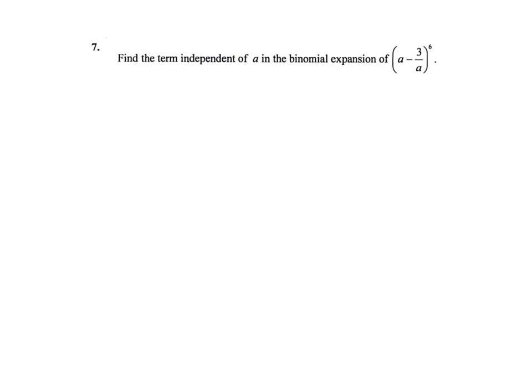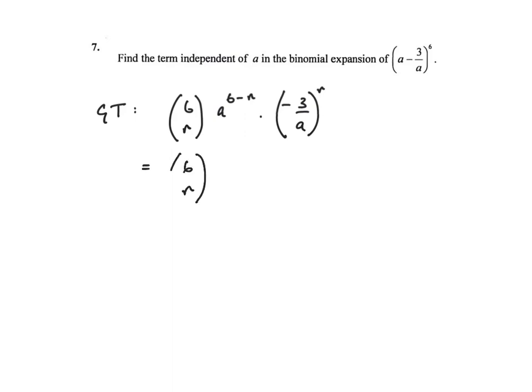What we want here is the general term, so we're going to have 6Cr a to the power of 6 minus r, times minus 3 over a, to the power of r. So we have 6Cr a to the 6 minus r.